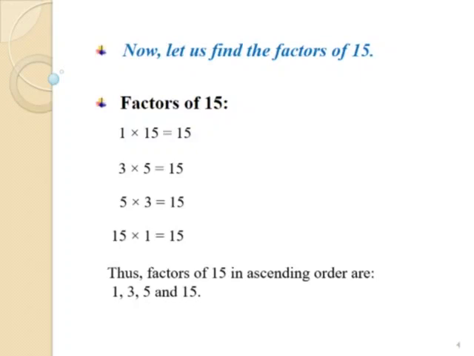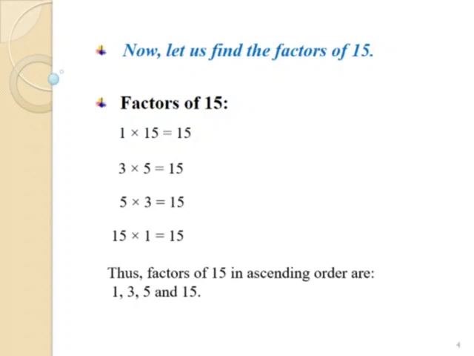Point 3. The factors of a number will be less than or equal to the given number. Point number 4. If the number is divided by any of its factors, the remainder is 0. And point number 5. The factors of a given number are finite, that is, they can be counted.